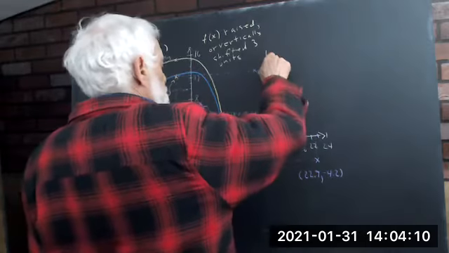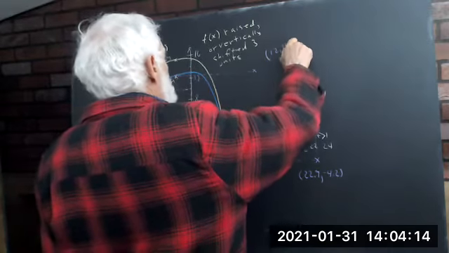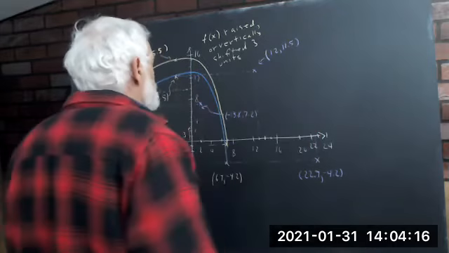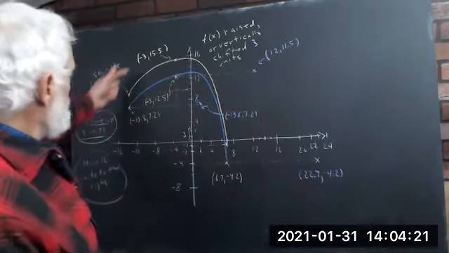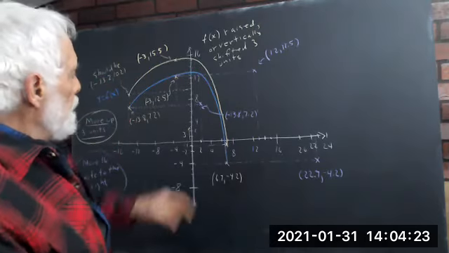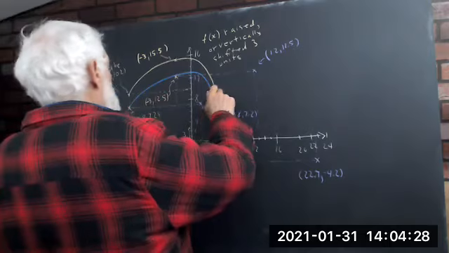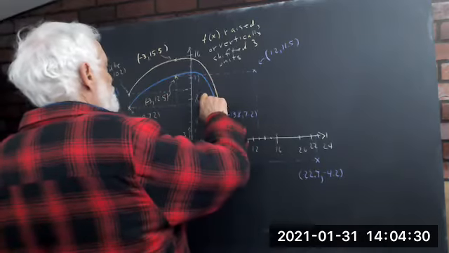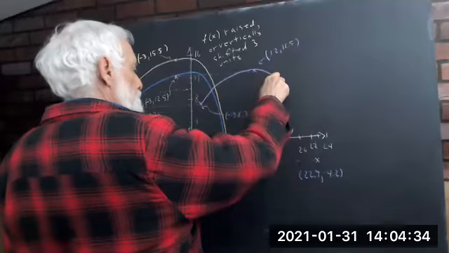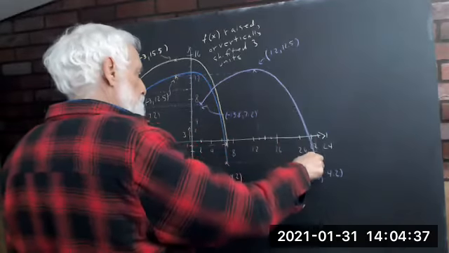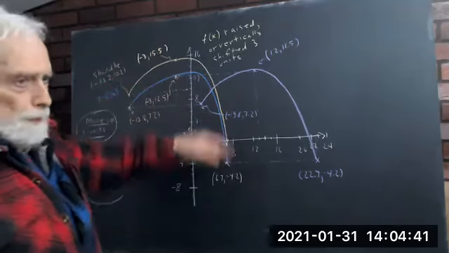This point would be 12.5. And now I can sketch a curve that behaves like these curves, but for these 3 points. And so I can do that. And there we have it. So there's my curve, there's my curve, there's my curve.